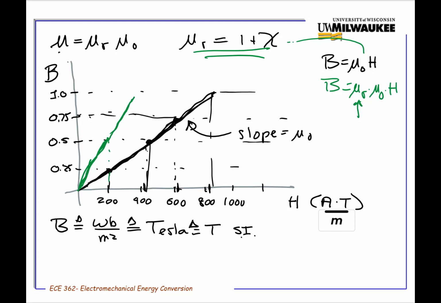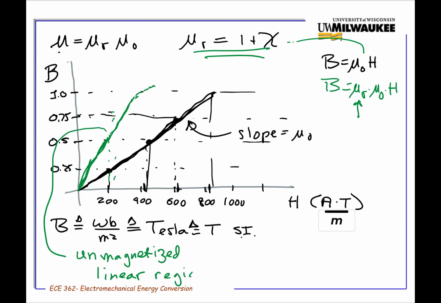As I put more current in, I'm going to get less effect in my B. In this region here, it's really unmagnetized. I still have a randomization of those magnetic dipole moments, and it's typically referred to as the linear region.